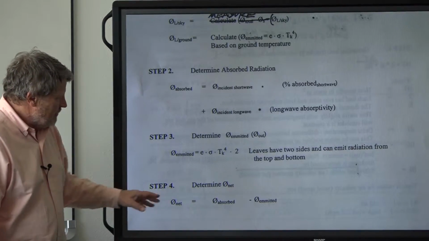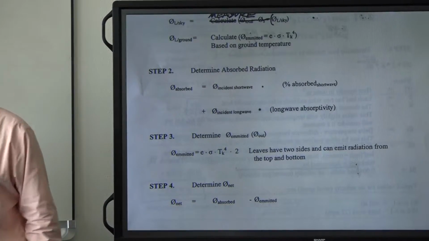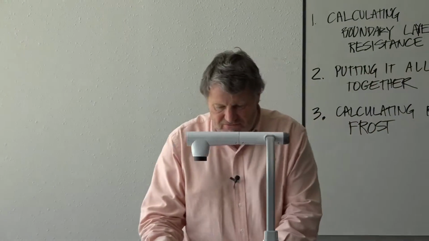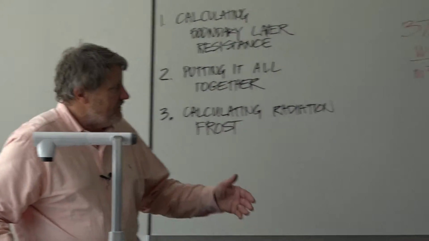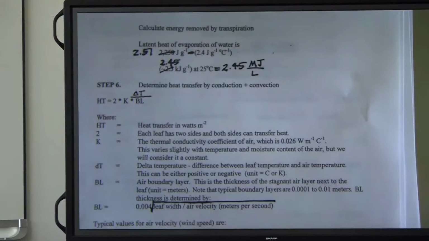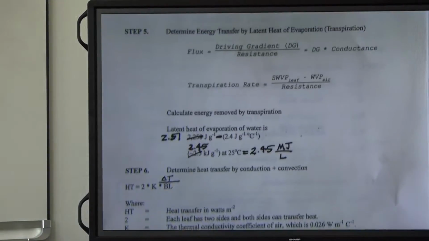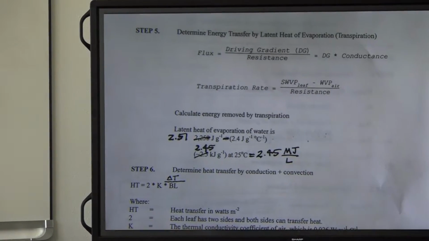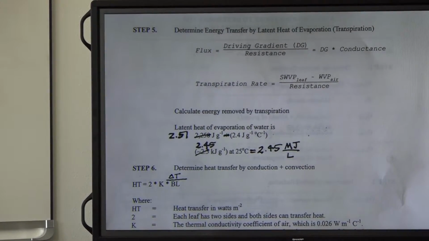Boom, step 4, determine net radiation. So on the first page we got to 375. And this doesn't have example numbers, it's just a summary. Now flip it over.